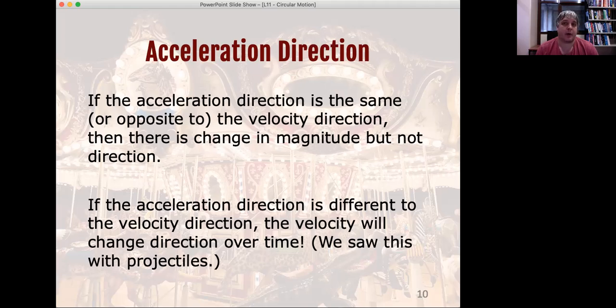And whether it's opposing the velocity or in the same direction as the velocity, we get that change in magnitude, but not direction. Obviously, with projectile motion, we did get a change in direction, but we could still break it down and simplify it to linear. But if the acceleration direction is different to the velocity direction, the velocity will change direction over time. That's what we saw with projectile motion, but we can't make that simple an explanation of circular motion.